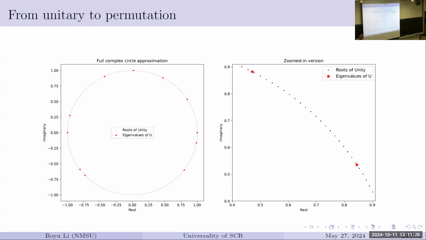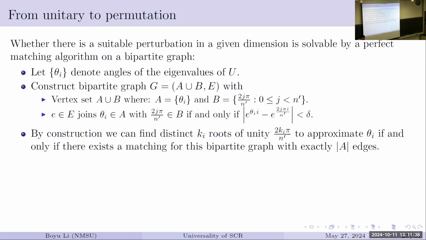And you can do that if you make your dimension higher and higher. Eventually, you're going to do that, and this is basically close enough to a permutation. The whole idea, I will skip this part, is you can use some graph theory matching algorithm to see whether you can do that. In general, you can just perturb your unitary into the eigenvalues of a permutation, and you may miss some other eigenvalues. You just direct sum a bunch of a diagonal matrix, and that's not going to cause any trouble.